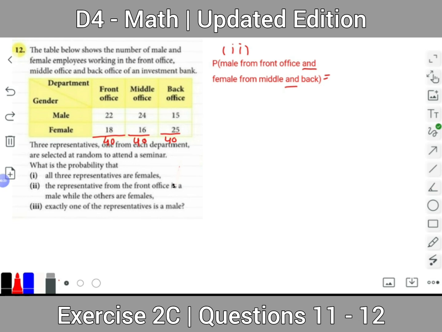So the number of males in the front office is 22 and the total number of representatives is 40. So the probability for the male from the front office will be 22 over 40 multiplied by the probability for the female from the middle office, which will be 16 over 40, and from the back office we have the probability 25 over 40.